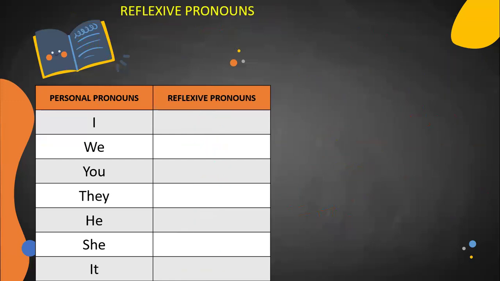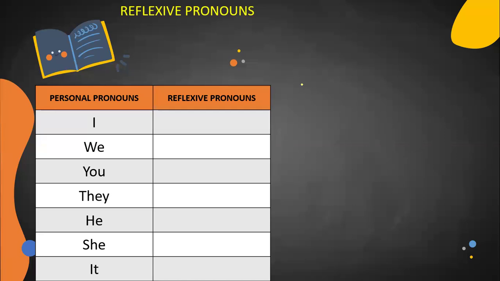Now, what about the reflexive pronouns? In short, we use the reflexive pronouns when the subject and the object are the same. Okay, so the doer and the doee are the same person or the same thing. We use the reflexive pronouns.